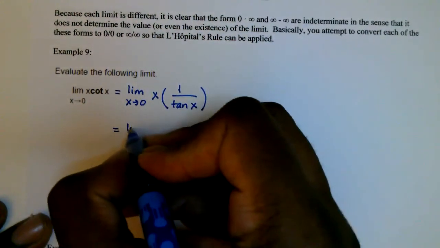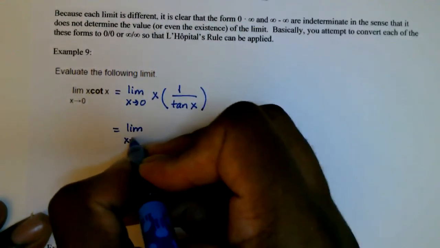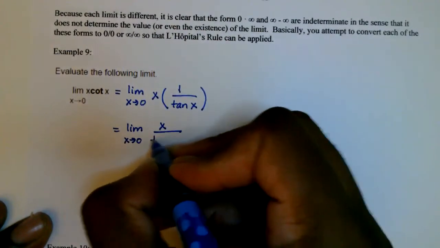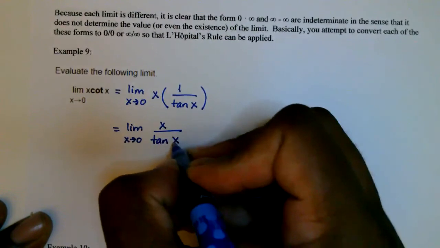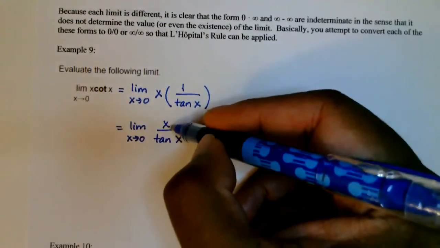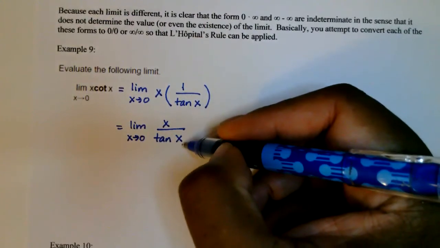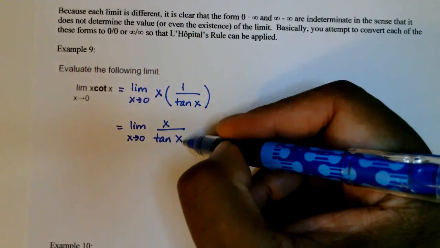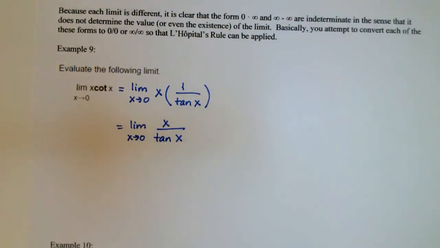And that would mean I will have a limit as x approaches 0 of x over tangent of x. I'm just multiplying it. Now, here's what I have: a 0 in the numerator, and in the denominator, the tangent of 0 is 0. So I do have 0 over 0. So here I can apply L'Hopital's rule.